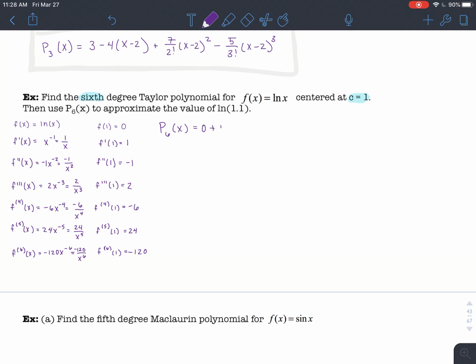So our sixth degree Taylor polynomial is going to be f of 1, which is 0, plus our first derivative times x minus 1, plus our second derivative, which is negative 1.